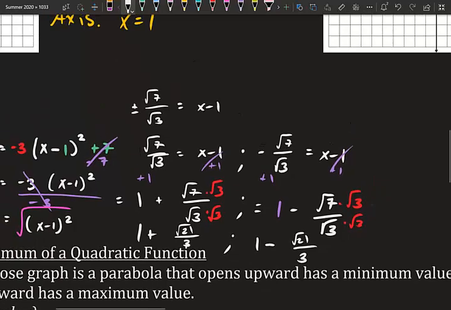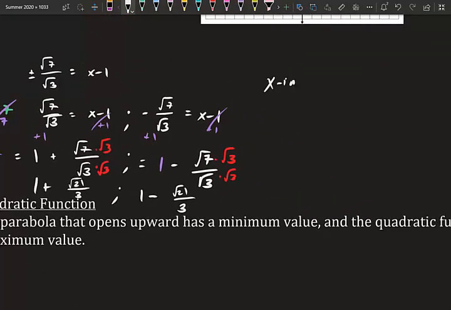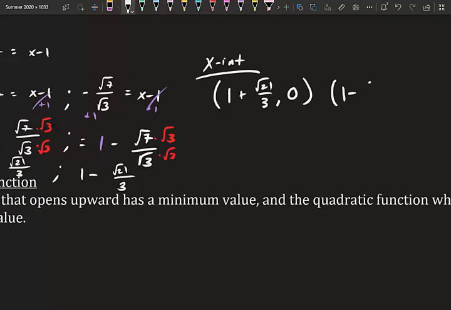These are exact solutions. That means our x-intercepts are 1 plus square root of 21 over 3, 0, and 1 minus square root of 21 over 3, 0. Now, we cannot graph those, so plug it into your calculator.